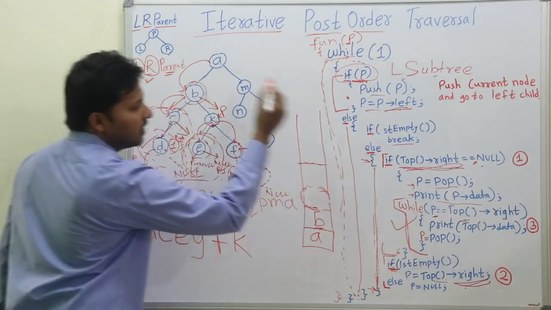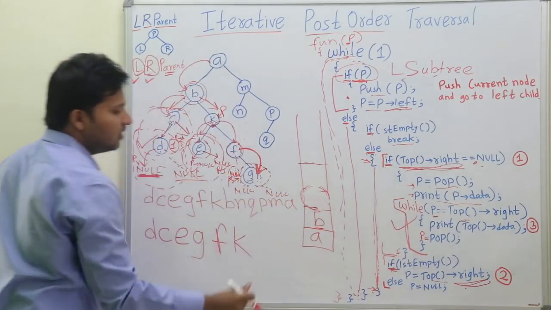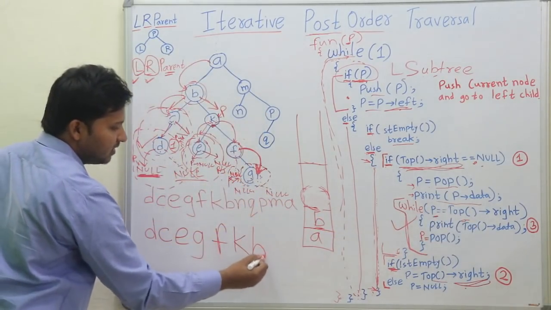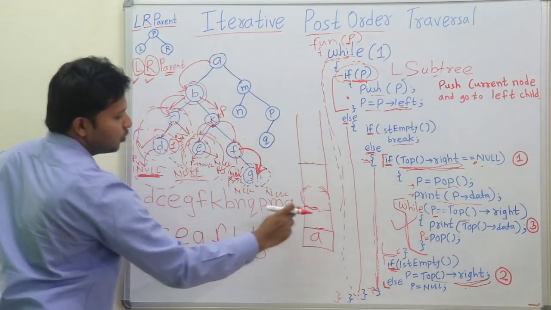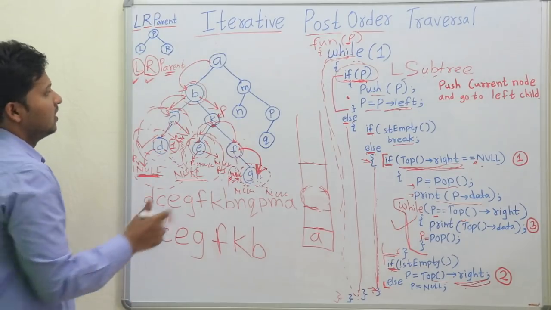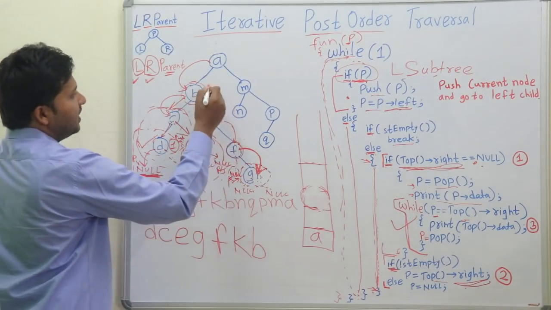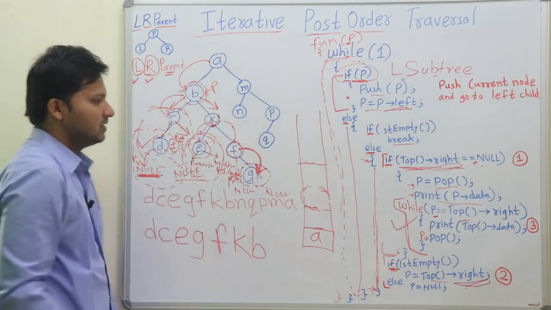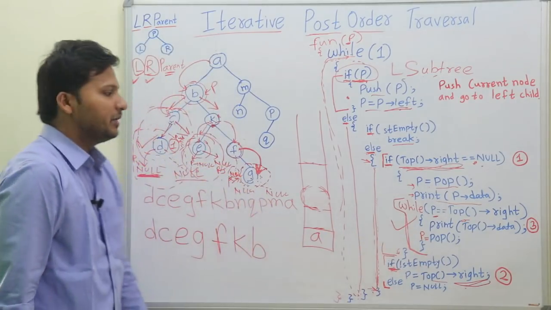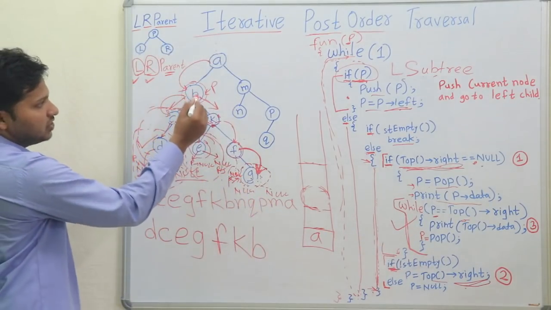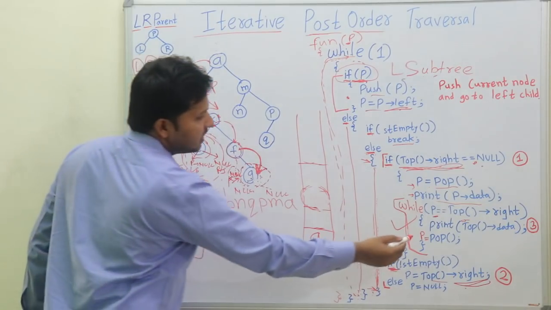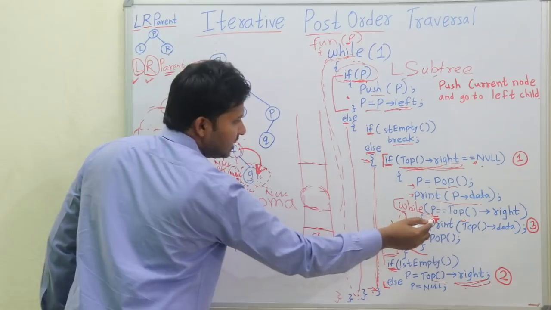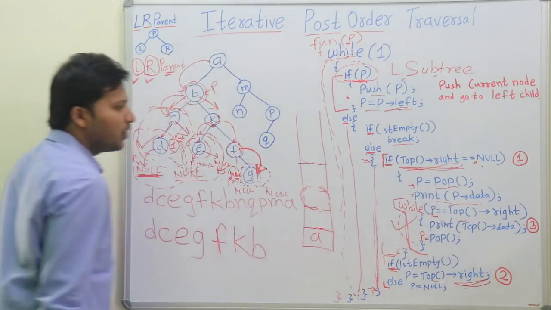So we print that top node and we pop it. B is popped now. Now P will point to the popped node. Again we check whether P was the right child of its parent. In the next iteration we check whether P equal to top points right.